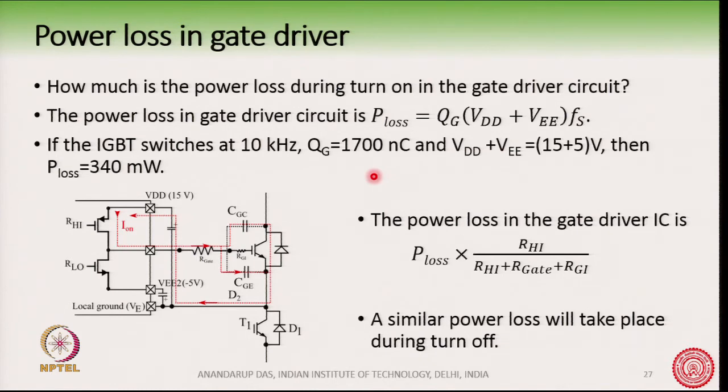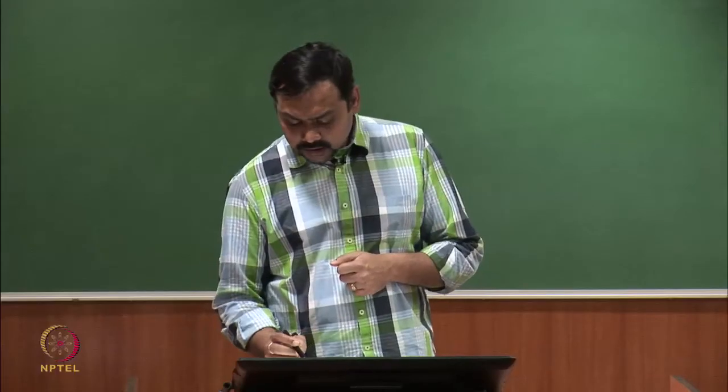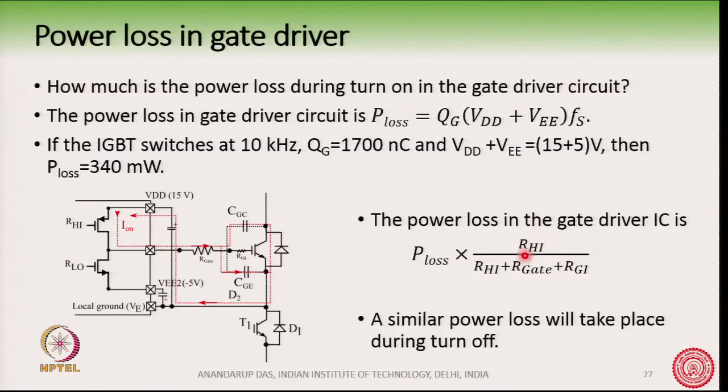Of course, this loss will spread over this resistance and this resistance here. Okay. So, the power loss in the gate driver IC is proportional to the resistance here. So, this is the total loss happening inside the driver IC, and another fraction will be happening in this R gate here.